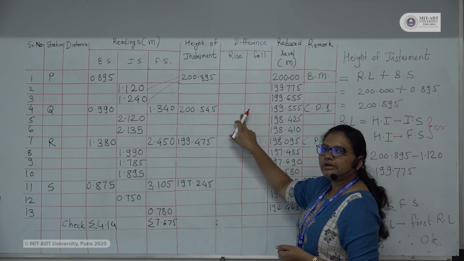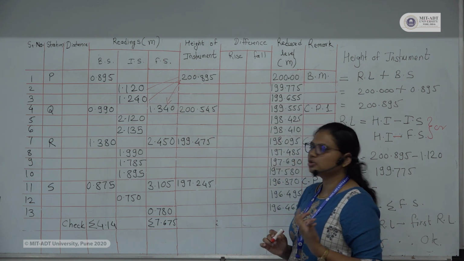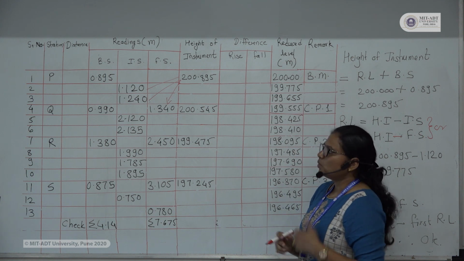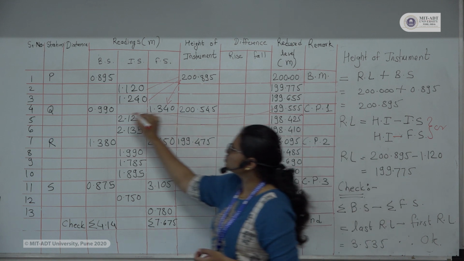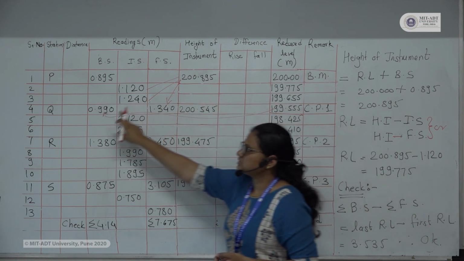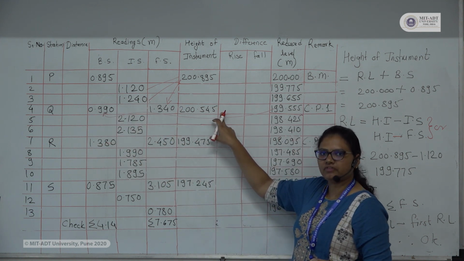Now for the third point, again we have to subtract this value. After subtracting, you will get the answer 199.555. Again for determination of this HI, again you have to add these two values, that is 199.555 plus 0.990. Then your answer will be 200.545.